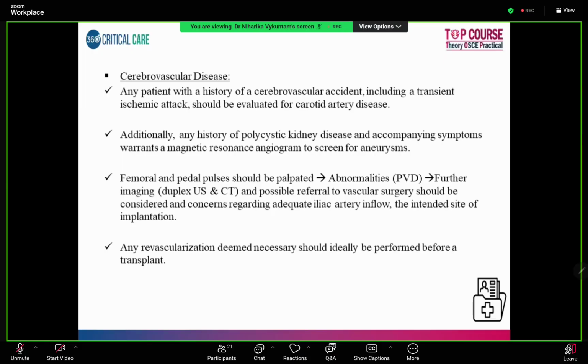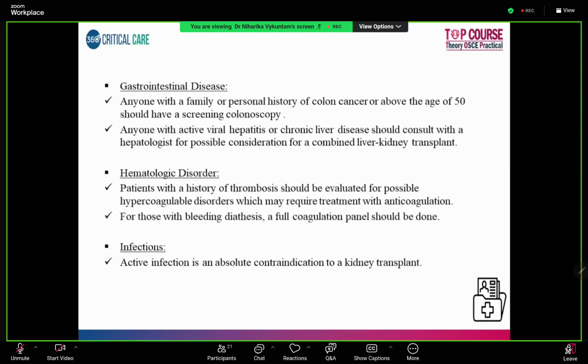So we should have a proper flow. There should not be any thrombosis. So we need to do an ultrasound or a CT before kidney transplantation in case the patient has underlying peripheral vascular disease. And if there is anything, the patient has to undergo revascularization before the kidney transplantation.